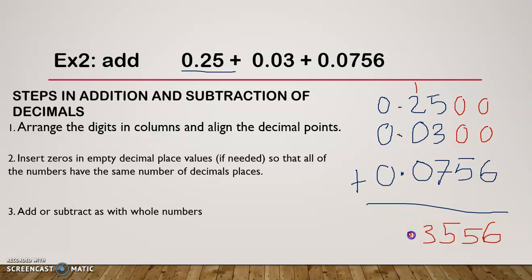It's just very easy. And then 0 plus 0 plus 0 is just 0. So the sum of 2,500s and 300s and 756 10,000s is 3,556 10,000s. It's that easy.